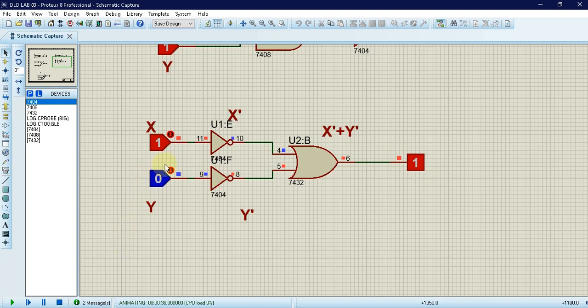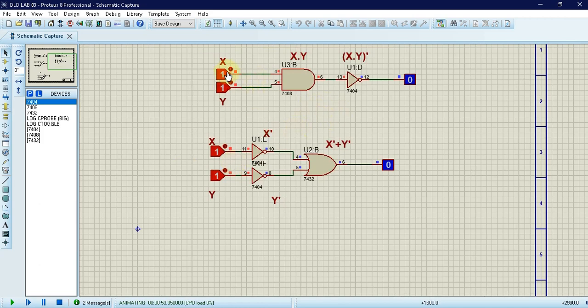Now when both of our inputs are 1, the result will be 0. Let's see how. 1 is inverted by a NOT gate as 0, and the same case with y, it is inverted by the NOT gate as 0, and 0 or 0 gives us an output of 0. So hence our logic gates are proved.